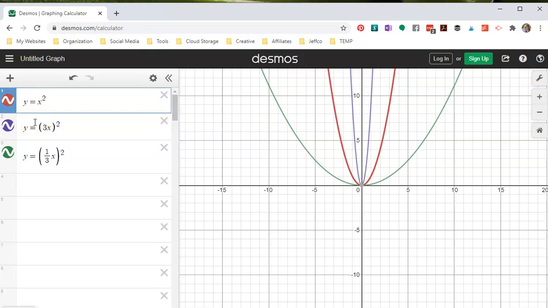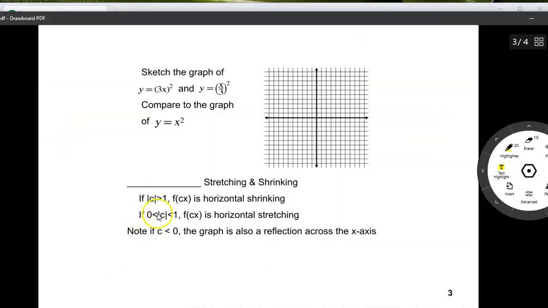So what happened here? They just got even narrower and even wider. And if you think about it, this makes sense. What happens if you multiply this out? Let me go over to our notes and let's actually multiply this out.